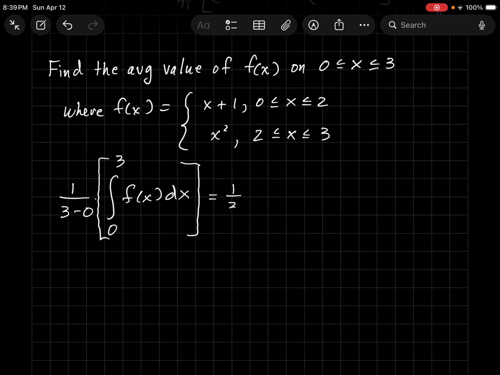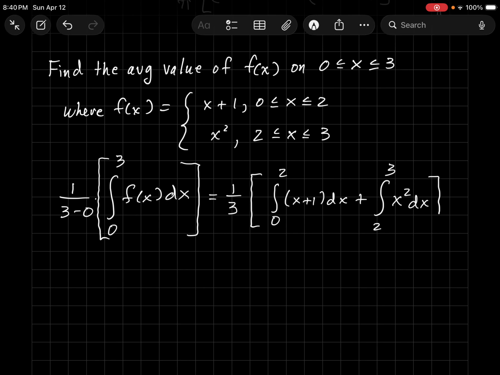So we'll leave the 1/3 outside. How do we integrate from 0 to 3 if f is defined piecewise? Well, we simply break it up. From 0 to 2, we know that f of x is x plus 1. And then from 2 to 3, f of x equals x squared. So it's really not that difficult of a problem.